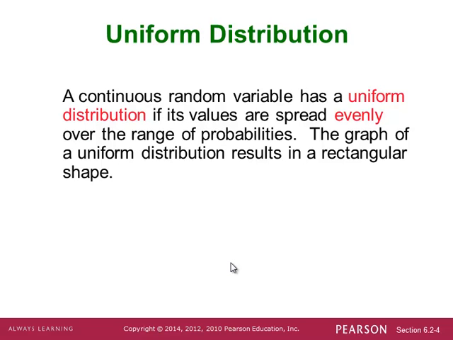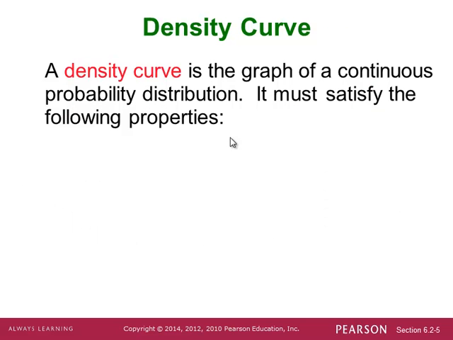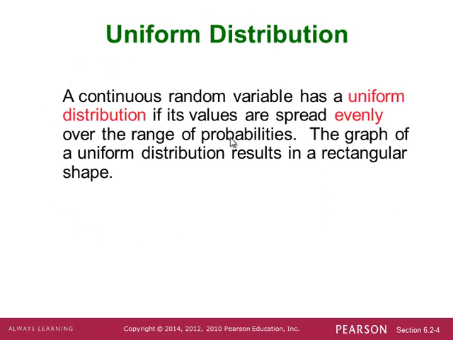There are many different continuous distributions out there, some as simple as the uniform distribution. A continuous random variable has a uniform distribution if its values are spread evenly over the range of probabilities. And if you were to look at the graph of a uniform distribution, it would look like a rectangle.